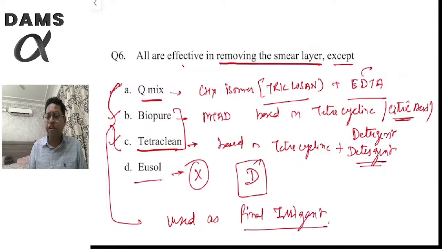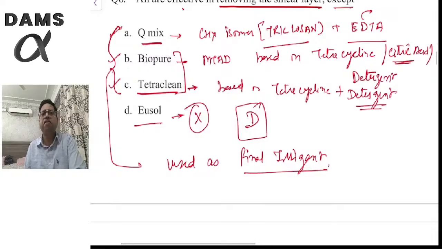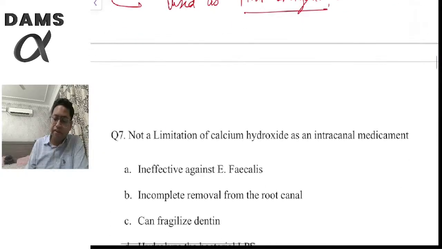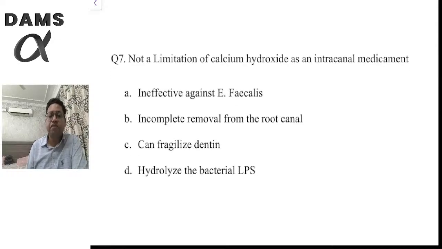If we are using a combination of substances, they should be used as a final irrigant so that they are not only antimicrobial because of their triclosan or antibiotic content, but they are also helpful in removing the smear layer from the wall of the root canals. So they are used as a final irrigant. They would be the last substance to be used for flushing out the root canals. Coming over to question number 7.